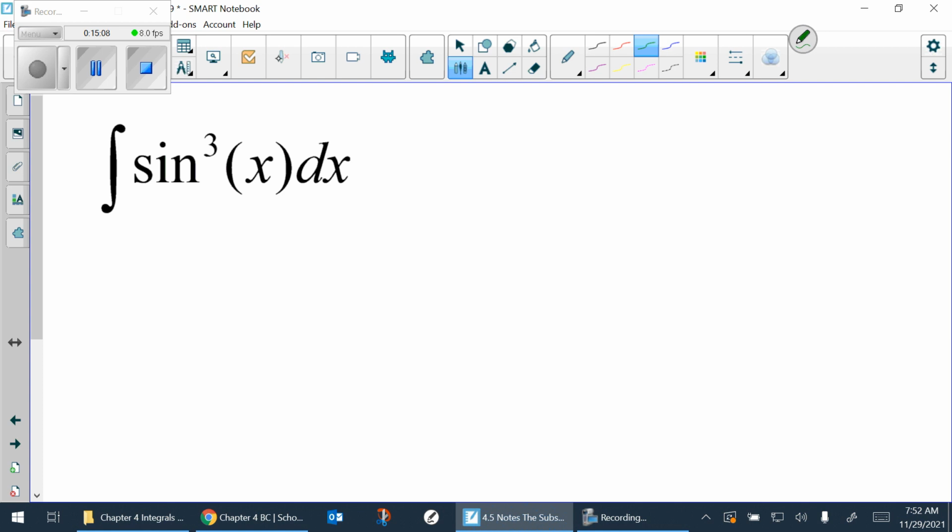Now I like a good integral that's got sines and cosines in it. How about if I rewrite this, and this is why I've got to show you this as an example. How about if I rewrite this as sine squared x times sine x dx. Now that's sine cubed.